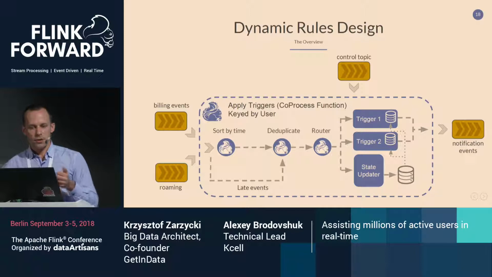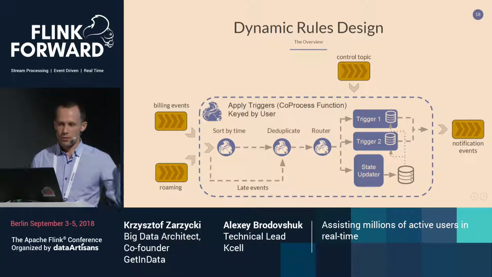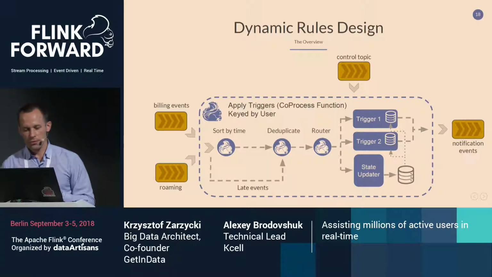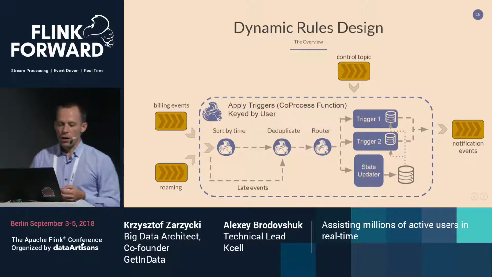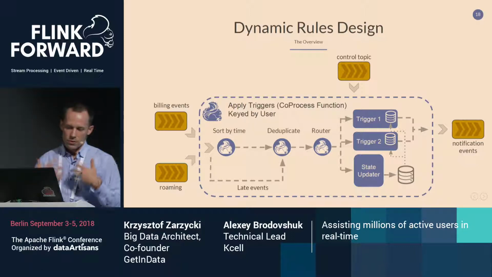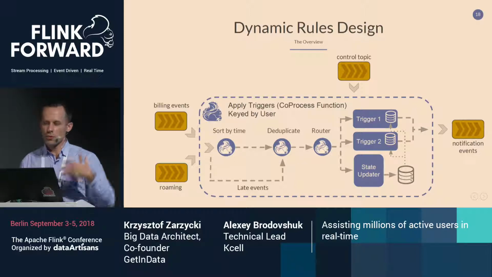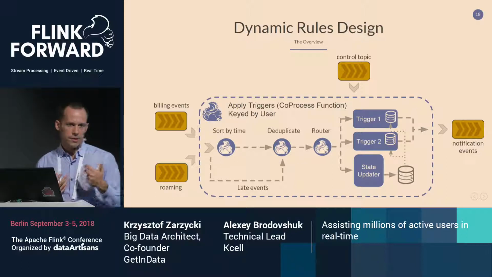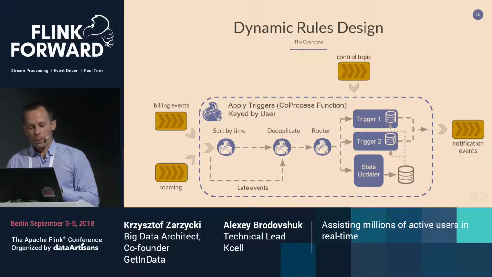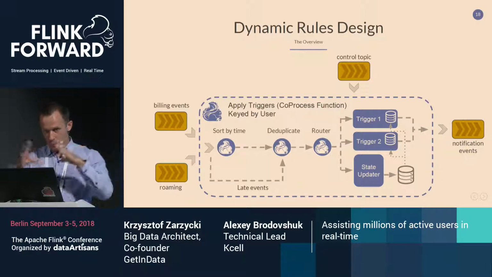As we sorted the data, we can already deduplicate that because there are duplicates produced by Kafka sometimes. And then there's a router component that routes the data to triggers that require this data to be able to apply the rule, right?